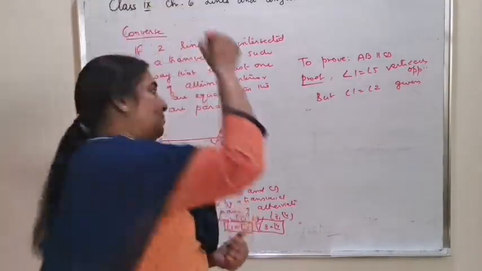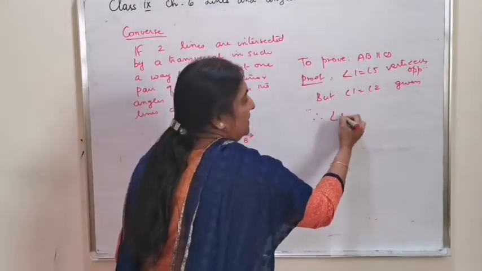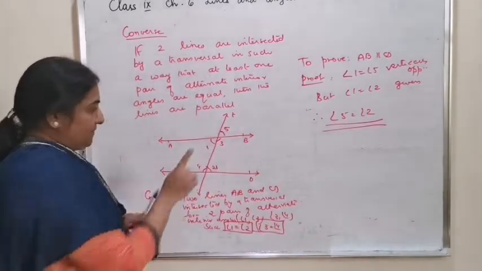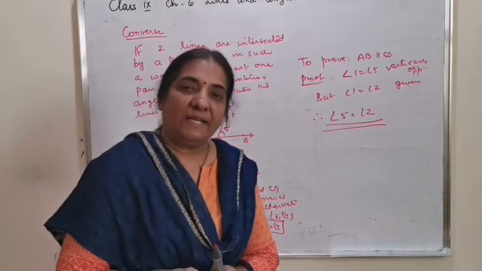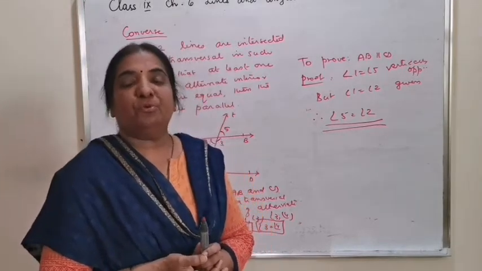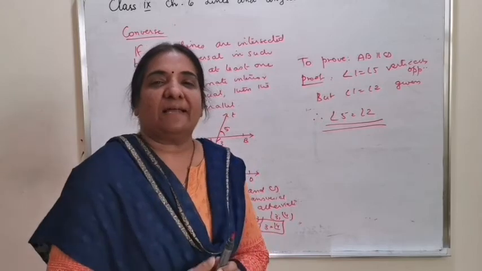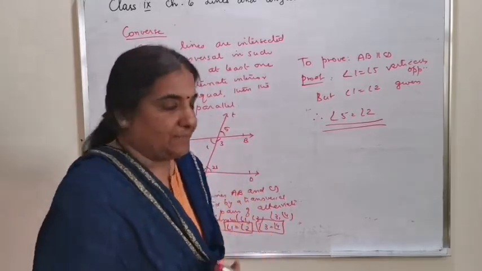From that, you get angle 5 and angle 2 are equal. In the figure, 5 and 2 are one pair of corresponding angles and you proved them as equal, which shows that the lines are parallel by the converse of corresponding angles axiom.